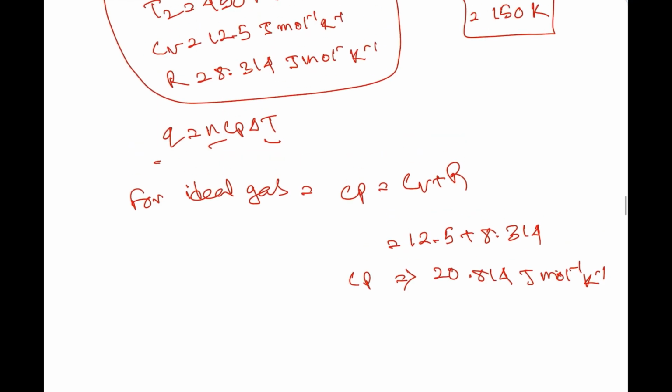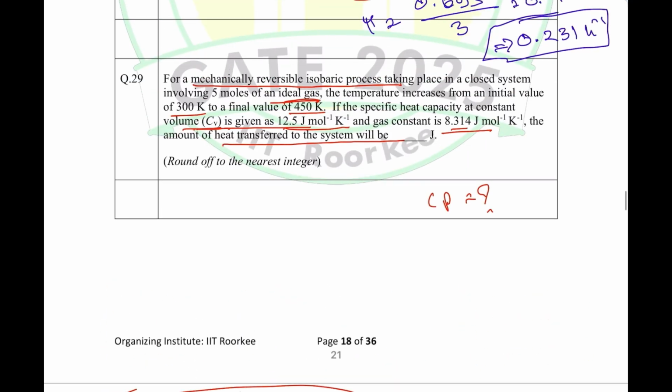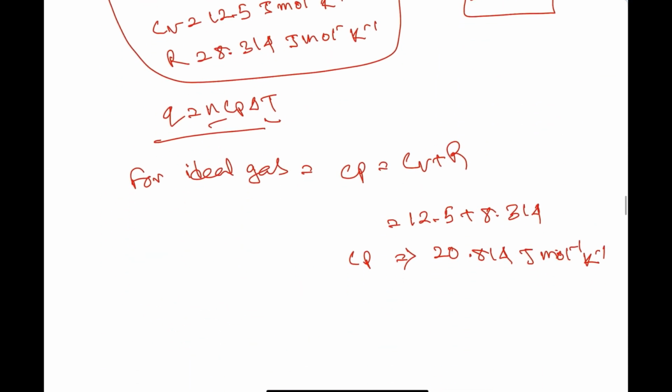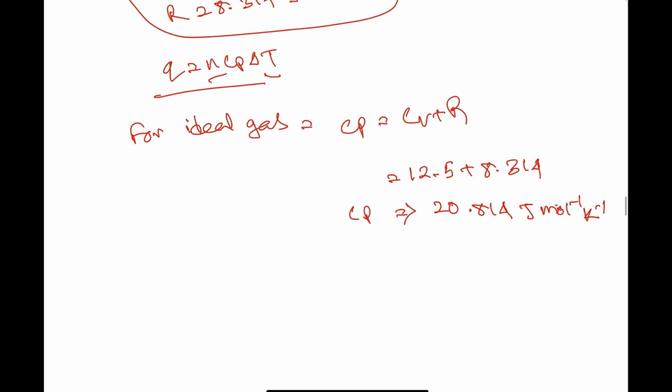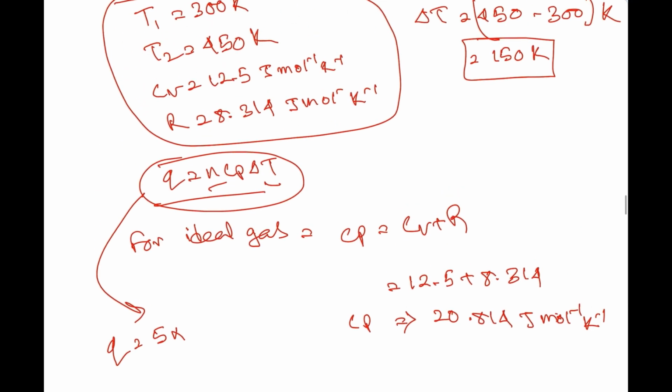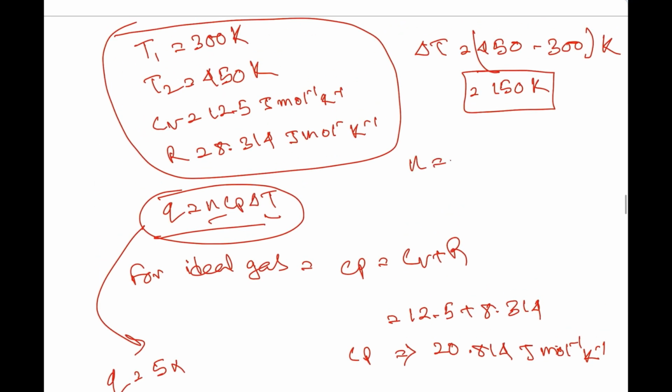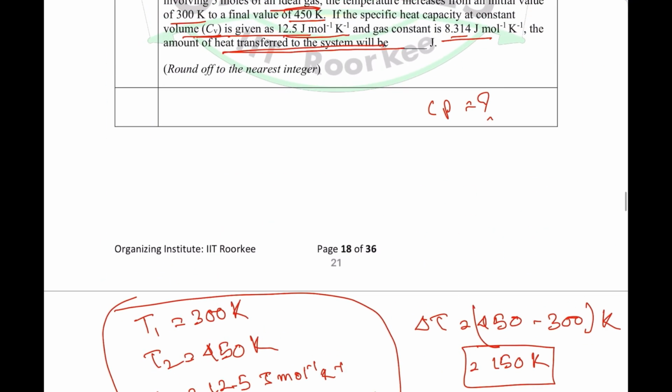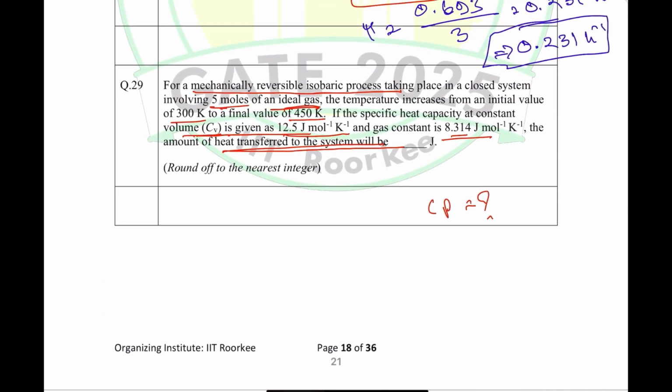Here we have found the equation, so we simply put the values into it for the heat transfer of the system. Previously I said that n is equal to 5 because it is 5 moles of ideal gas.